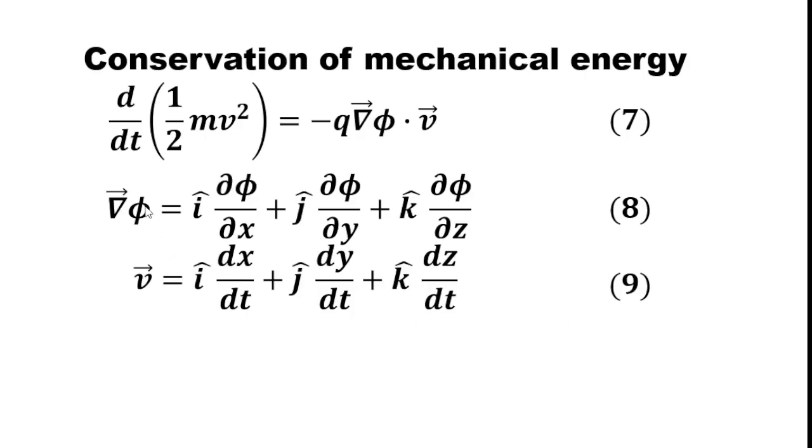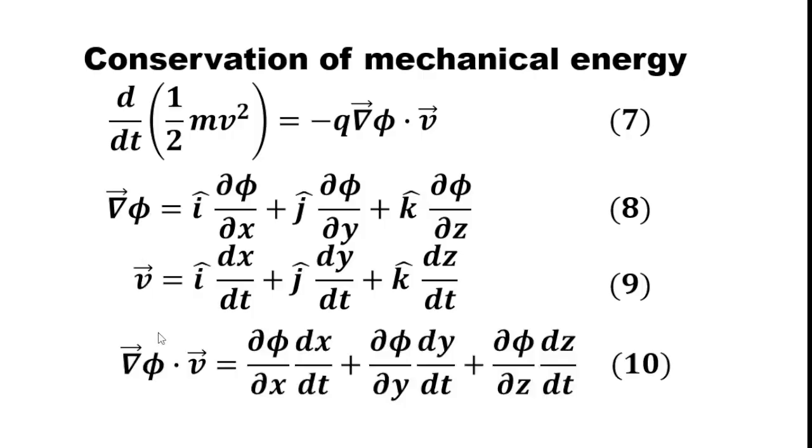Taking the dot product of gradient of phi with the velocity vector, this dot product is equal to partial derivative of phi with respect to x times time derivative of x plus partial derivative of phi with respect to y times time derivative of y plus partial derivative of phi with respect to z and time derivative of z.